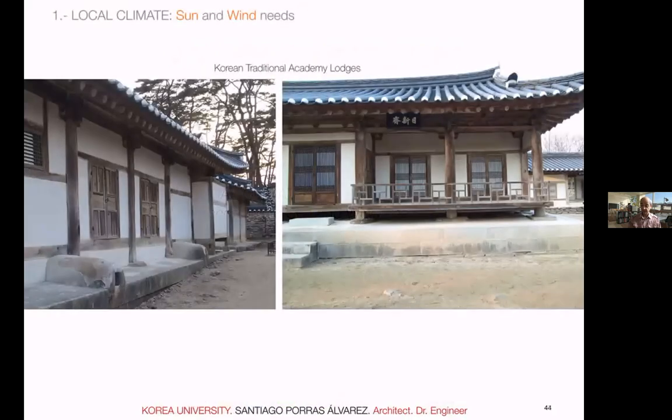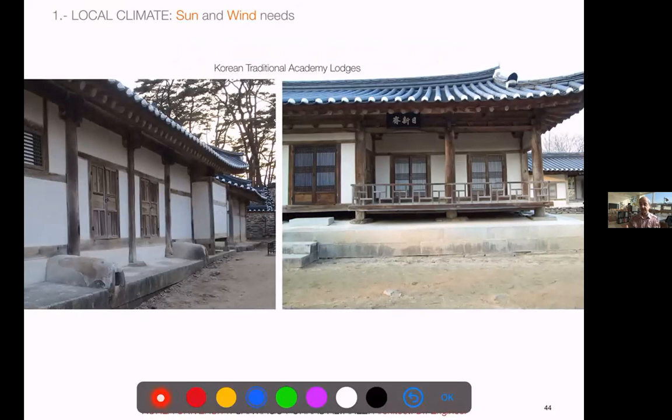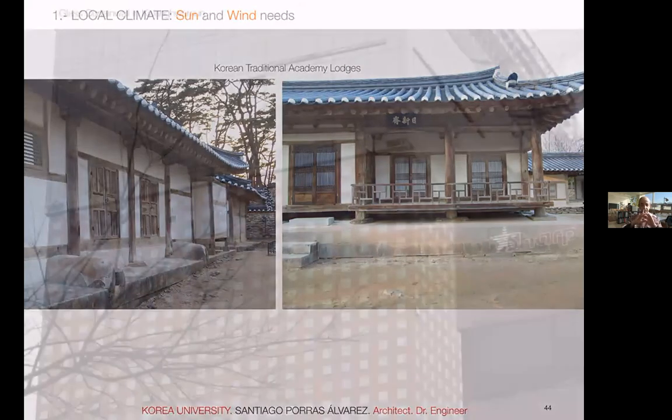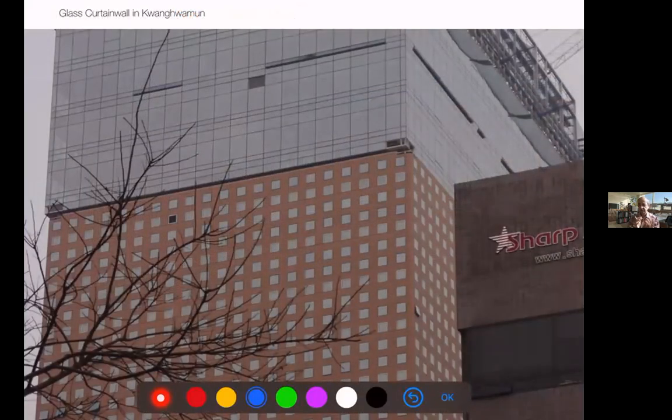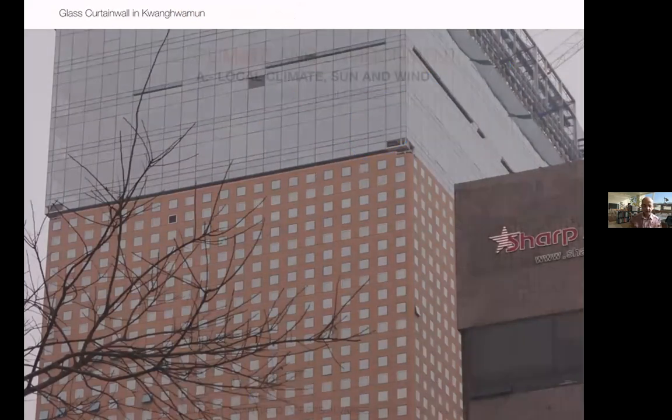We compared a very well organized architecture, which we know very well, and totally not architecture, which takes no account of any kind of sunshine or wind. It relies 100% on mechanical systems, right? So I would question if this is the right way of doing it.